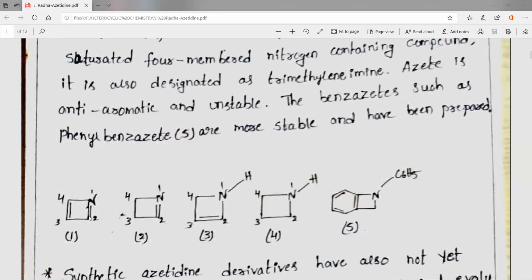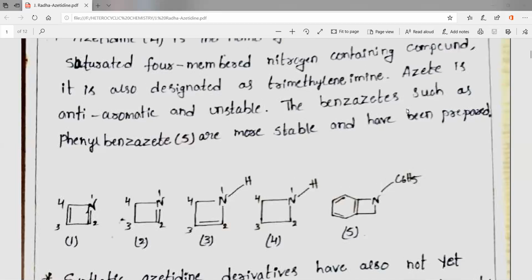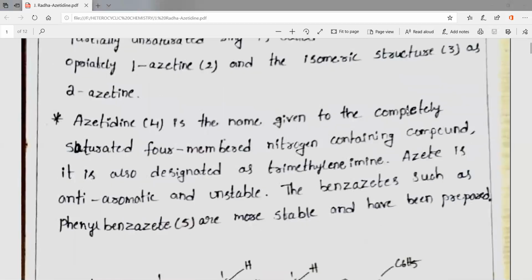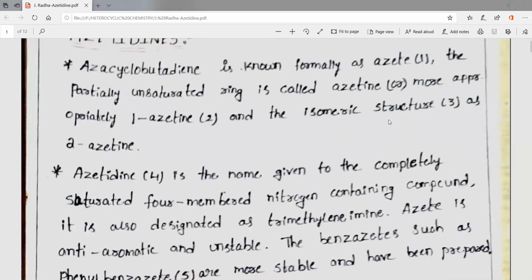So, azacyclobutadiene. This azacyclobutadiene is known as azet. It is a completely unsaturated form of azetidine and it is non-aromatic. It is not aromatic.